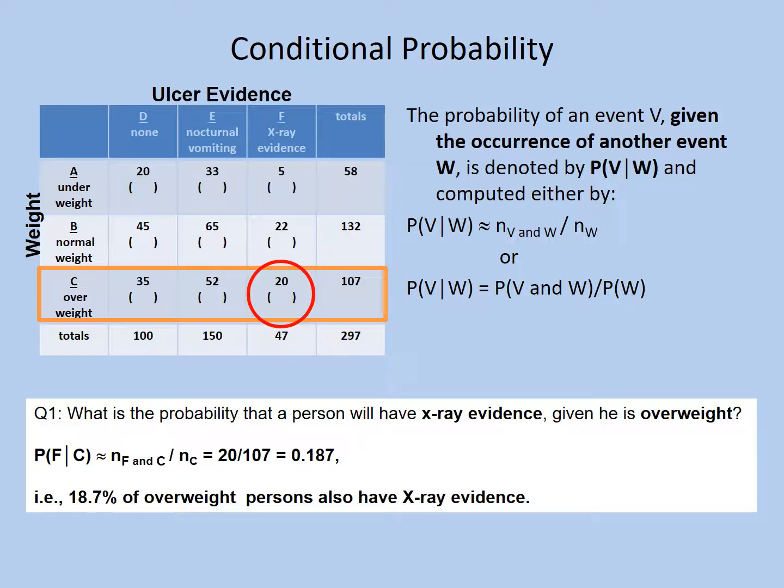So the formula P of F given C is approximately equal to the number of people who are both overweight and have X-ray evidence, which is 20, divided by the number of people who are overweight, or N sub C, which is 107. This calculation yields 20 divided by 107, which is 0.187. Thus, 18.7% of the 107 overweight persons also have X-ray evidence.